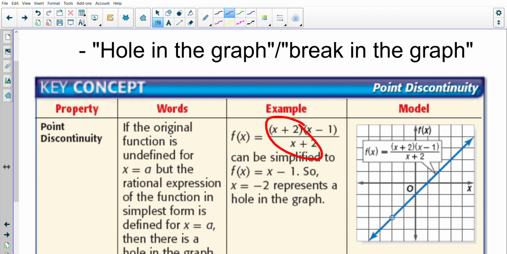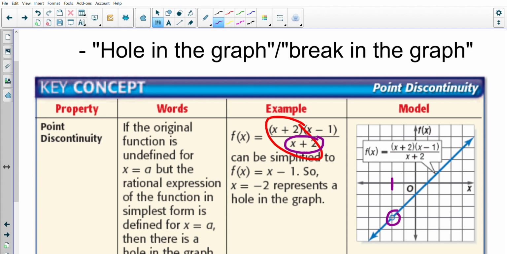But we still can't have x equals -2, because we have to look at the original bottom, and that -2 is right here. Since it cancels out to just a line, it's just this one point down here. So we always have to look at the original to find where our asymptotes and our breaks are.